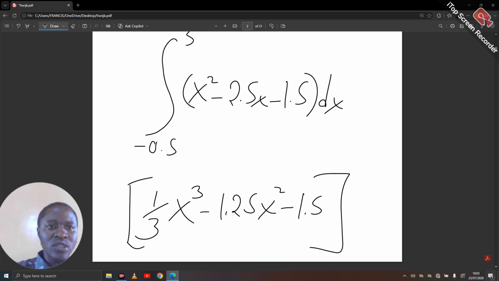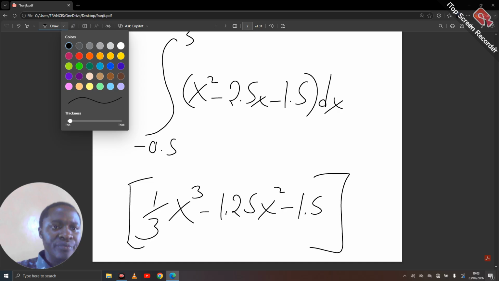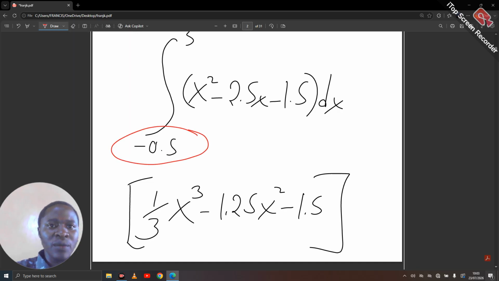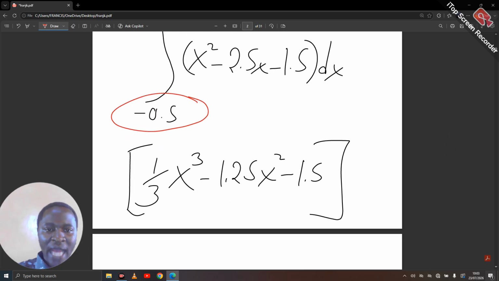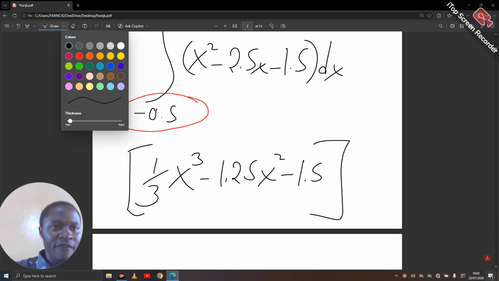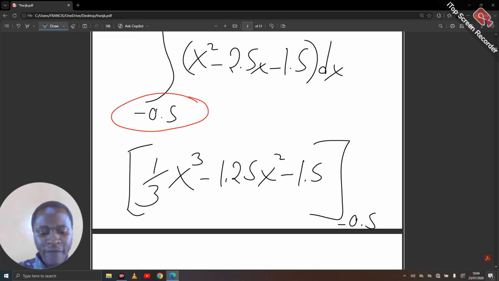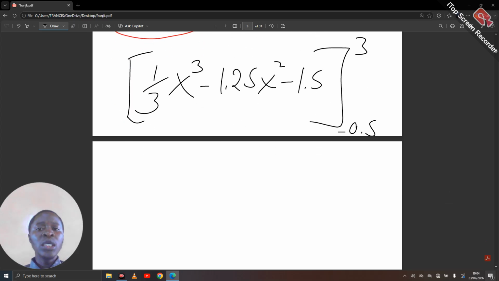Then these values, negative 0.5 and 3, will be written at the far end after the graph, negative 0.5 all the way to 3. So we integrate by substituting to get the actual value, or the actual area under the graph.